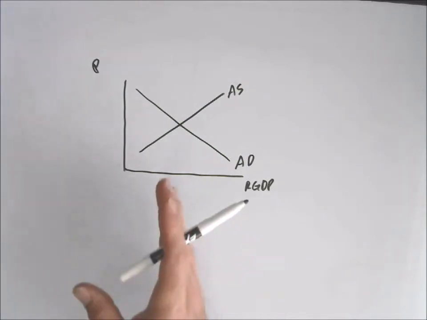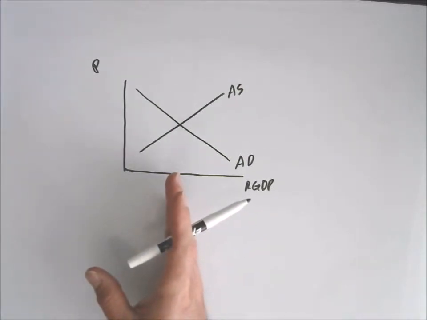Now when the economy's at potential, so when the unemployment rate equals the natural rate of unemployment, in other words, there's only structural and frictional unemployment out there, there's no cyclical unemployment, then the economy's at potential.